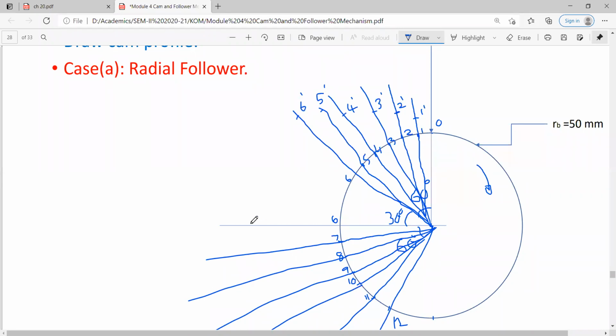Same distance here, 6 dash, then 7, it is 7 dash, nine dash, here it is 10 dash, and here it is 11 dash, and 12 dash is here only, means no displacement, zero distance between 12 and 12 dash.